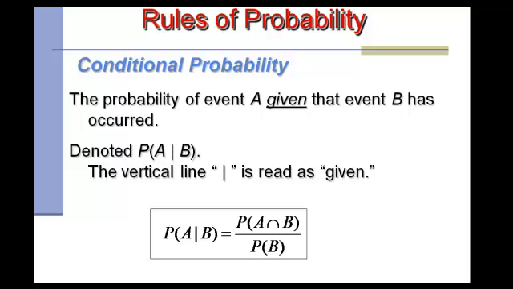So concept, concept, concept. What this formula basically says is that given B becomes 100%, and we want to know what proportion the event A and B represents of just B.